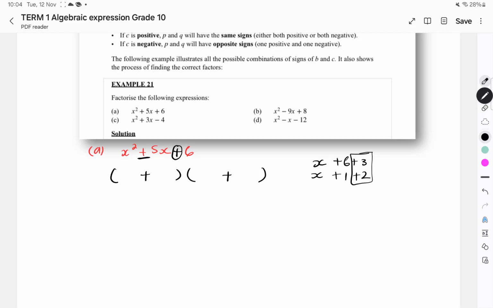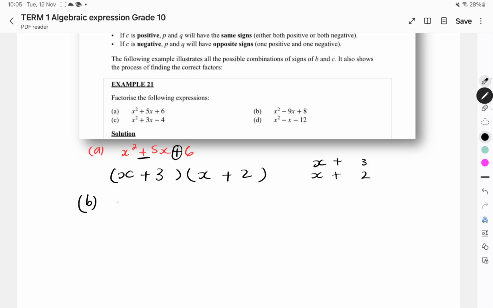The second one gives me 5, so those are the factors. So it means I'm going to have x plus 3, and then x plus 2. So these are the factors that are going to work for that sum. Are we clear on that one?